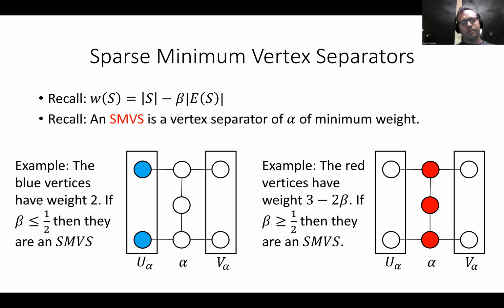If we consider our example shape alpha, then if beta is less than or equal to 1/2, the blue vertices shown on the left separate U alpha and V alpha and have weight 2, which is the minimum possible weight. So they're an example of an SMVS, though there are other SMVS here. On the other hand, if beta is bigger than 1/2, then the 3 middle vertices shown in red on the right are the unique SMVS.